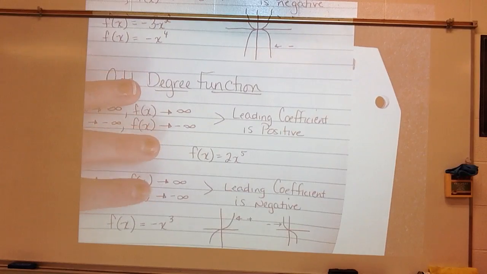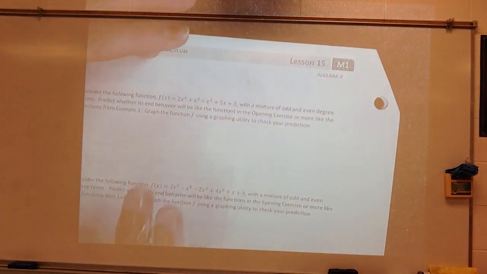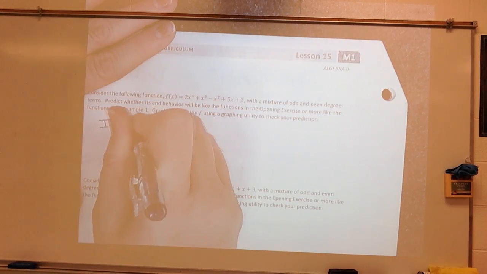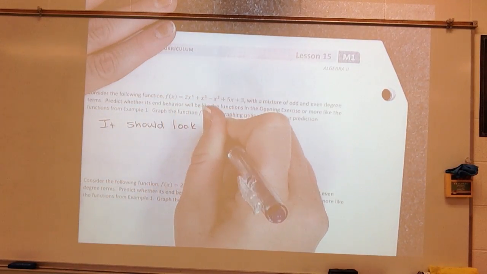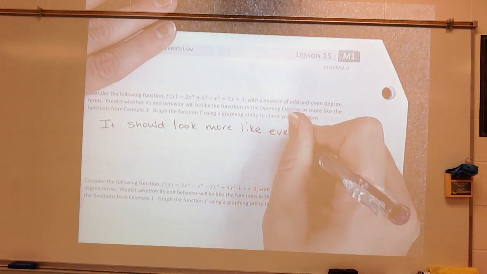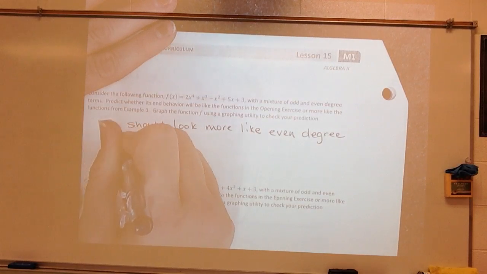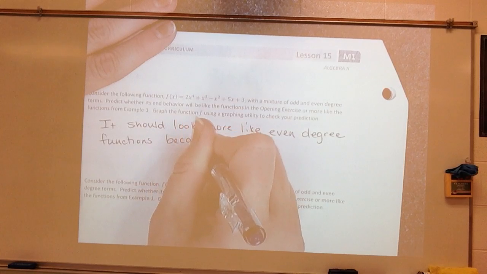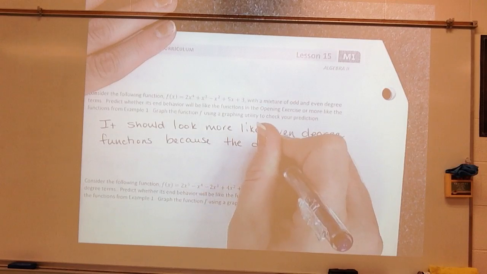So they want to know, what do we think? Well, I would suspect, based on the numbers, that it should look more like even degree functions, because the degree is 4.